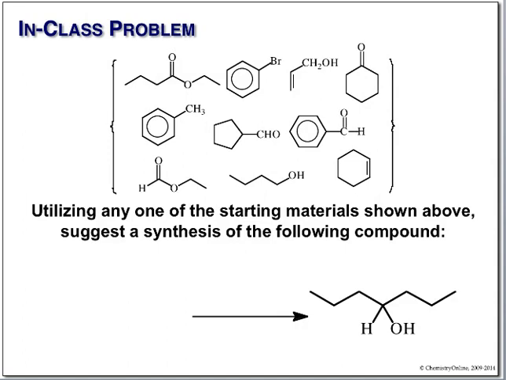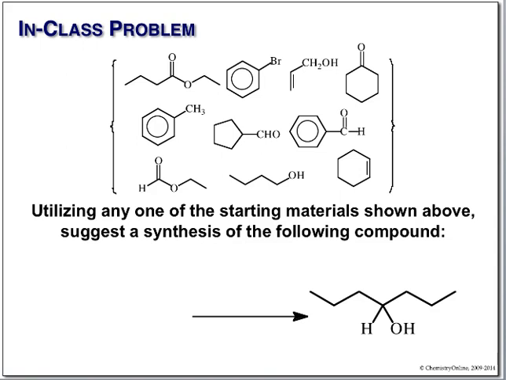Now, you can make this any way you want. But frankly, we don't have enough of a synthetic repertoire yet to do it too many ways. So we're going to have to do this using a Grignard reaction. So pretend that this was a week from today. Utilize one of these guys and make this.